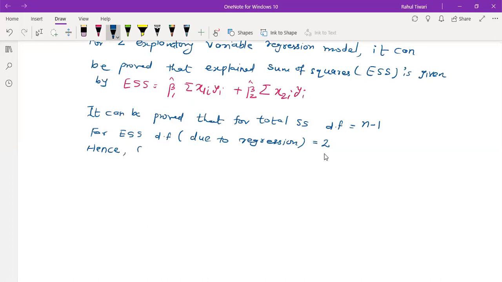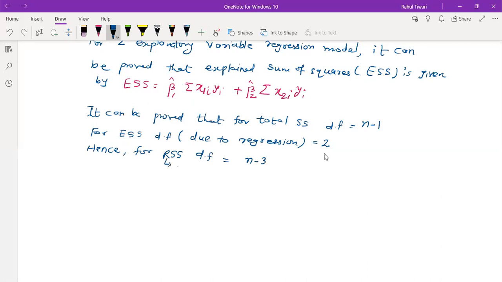for RSS. What is RSS? Residual sum of squares, which is n minus 3. Is it residual or regression? Residual.